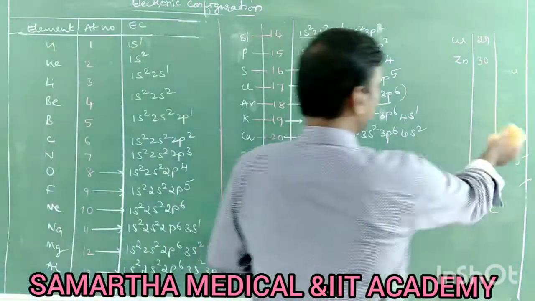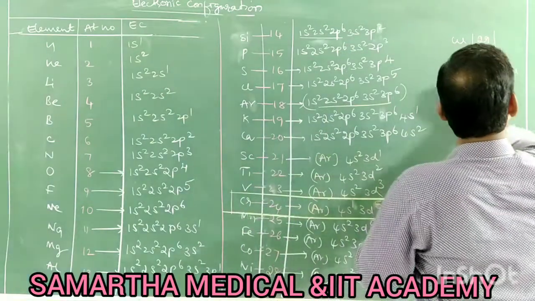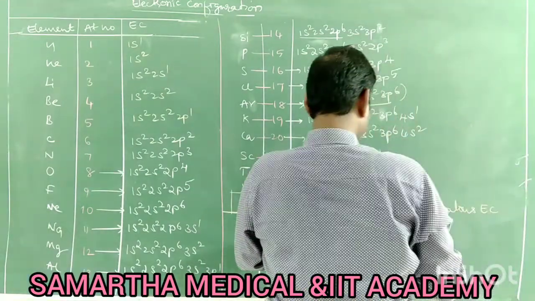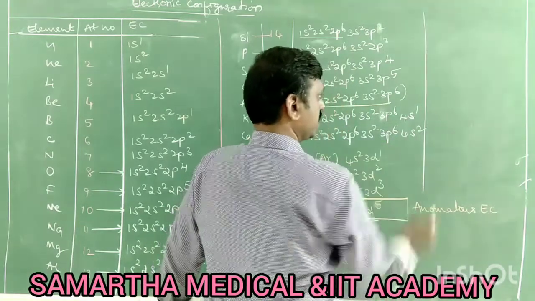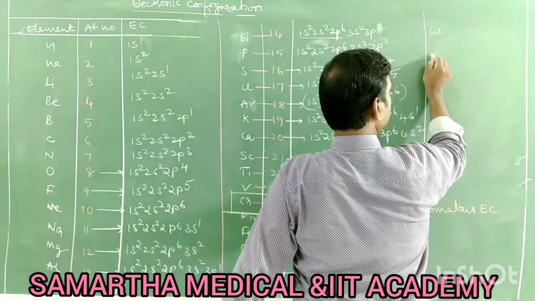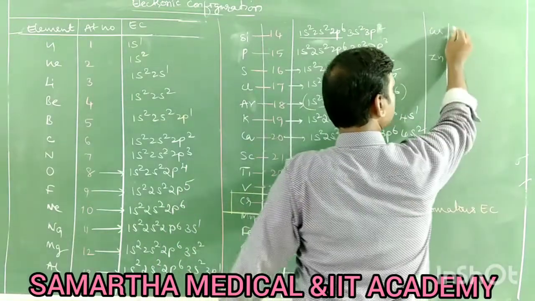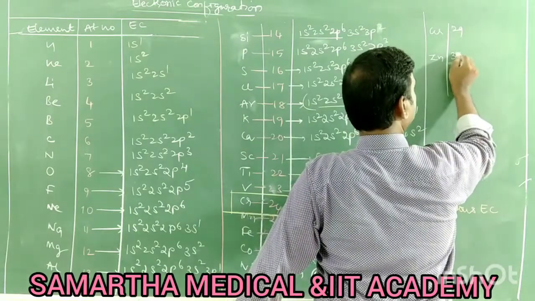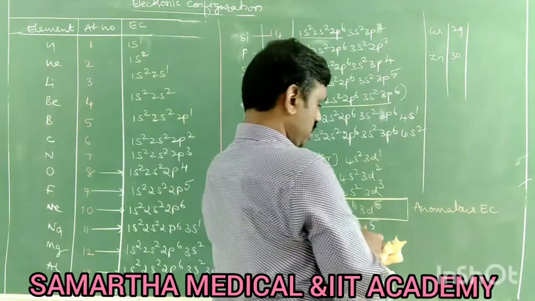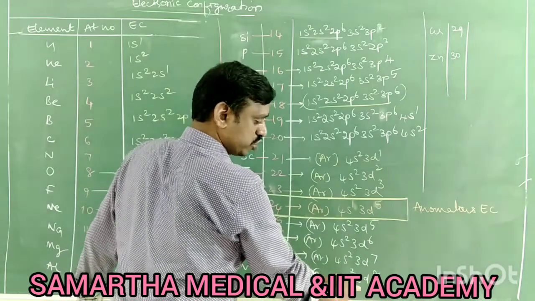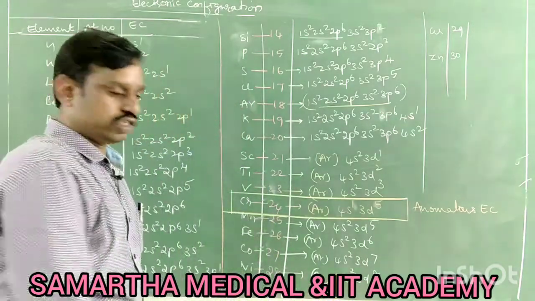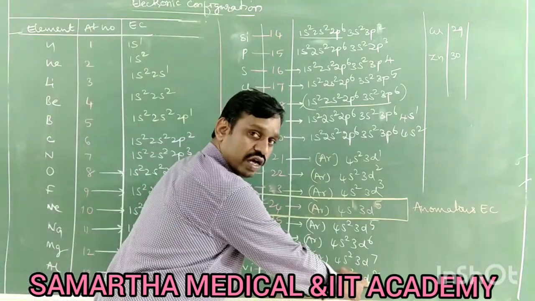Next, copper and zinc. What is the electronic configuration of copper and zinc? I'll write here copper, atomic number 29, and zinc, atomic number 30. You see here, it is 4s2 3d8.